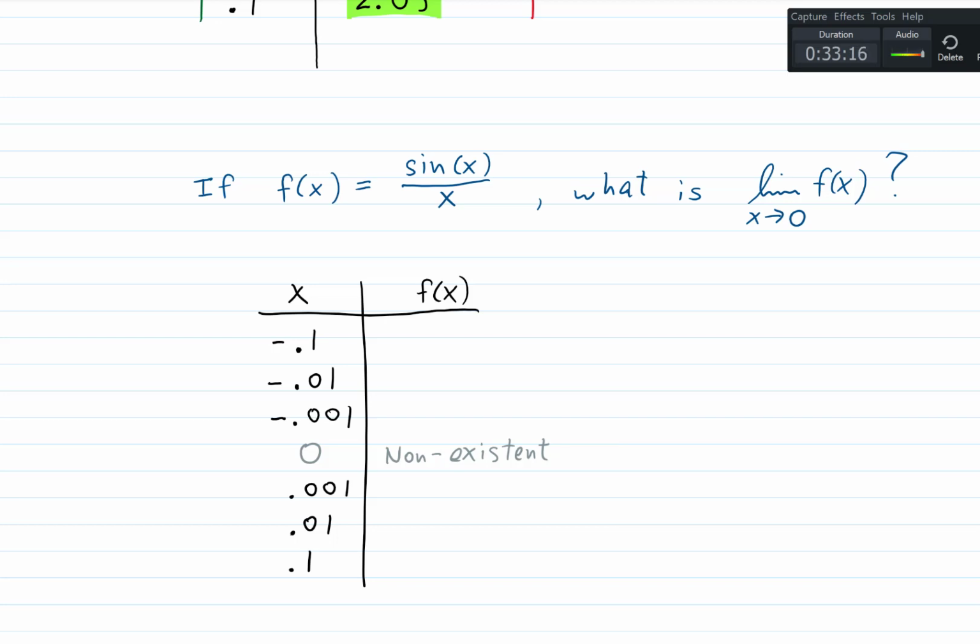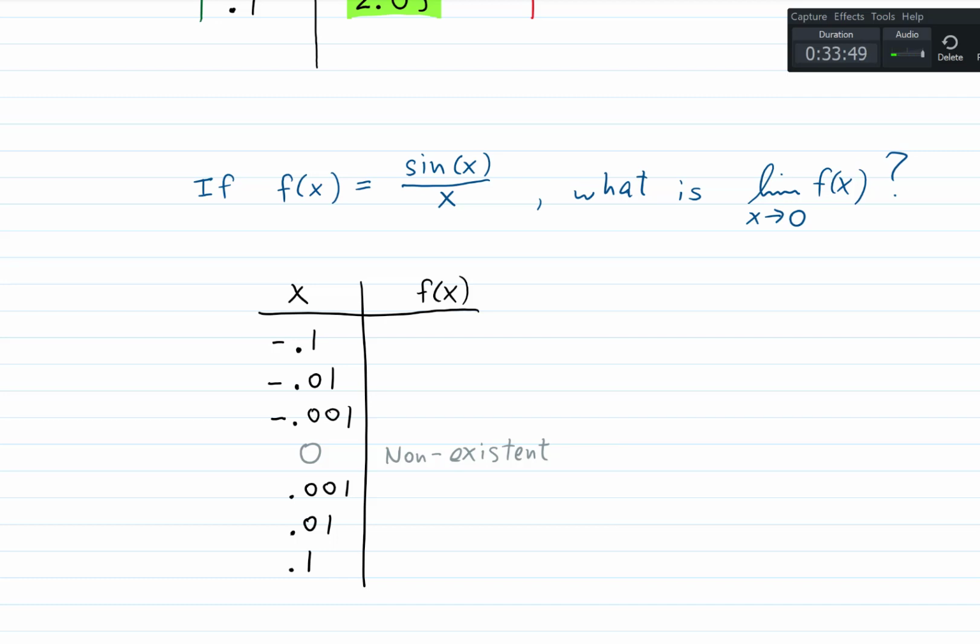Just take those 6 numbers. You can do more if you want, but I think 6 is usually pretty good. Just take those 6 numbers and plug them into our function. So I'm going to calculate the sine of negative 0.1.